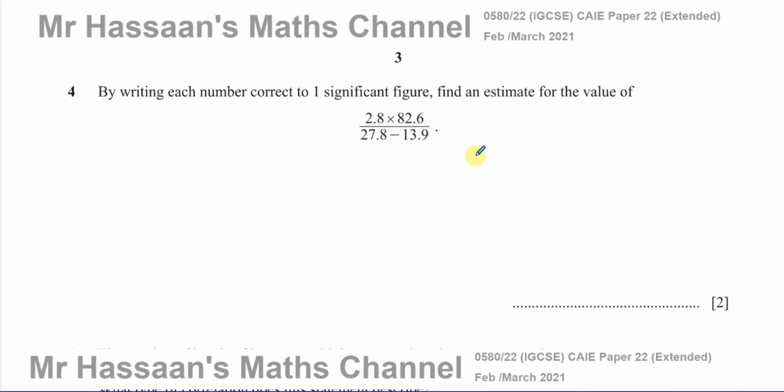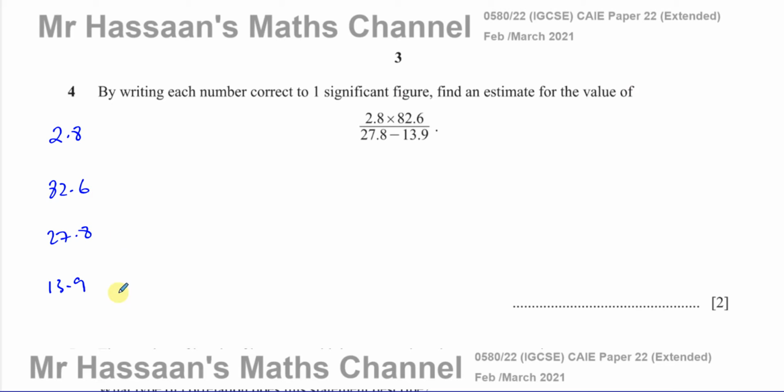So what we need to do is take these numbers like 2.8 and 82.6 and 27.8 and 13.9, and rewrite them as rounded to one significant figure. Now, when you round a number to one significant figure, you need to identify the first significant figure in a number.